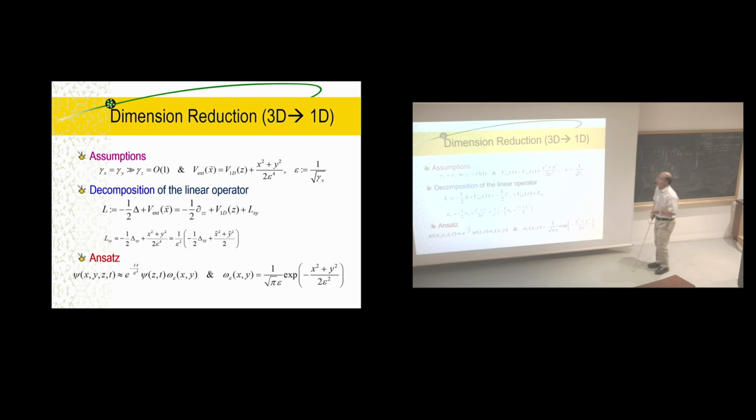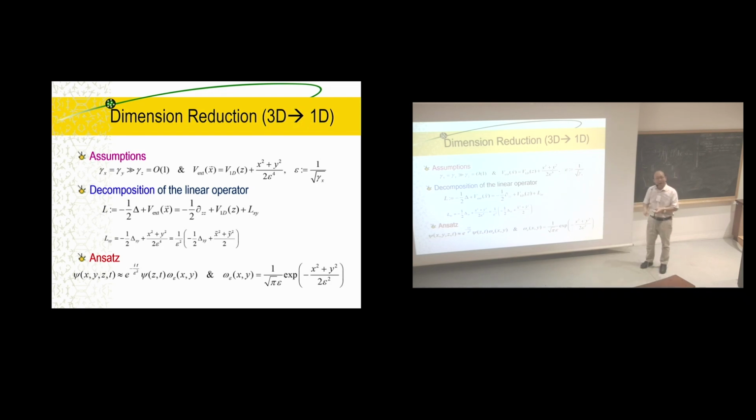With this, my linear operator can be decomposed into minus 1/2 d_zz plus V1 of z, plus L_xy, which has energy 1 over epsilon squared. So you can see this part, the energy is order 1. This part, the energy is order 1 over epsilon squared.